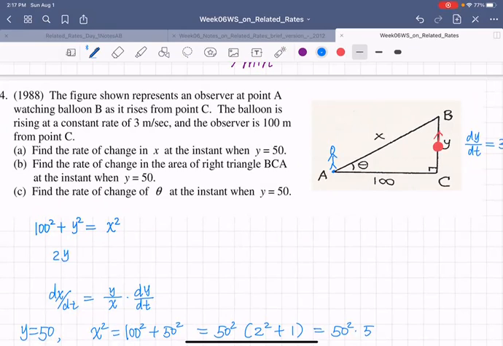So yeah, that's 2y, and then equals how much? Wait. 2x dx over dt, oh, okay, correct? You just did the derivative of x squared.